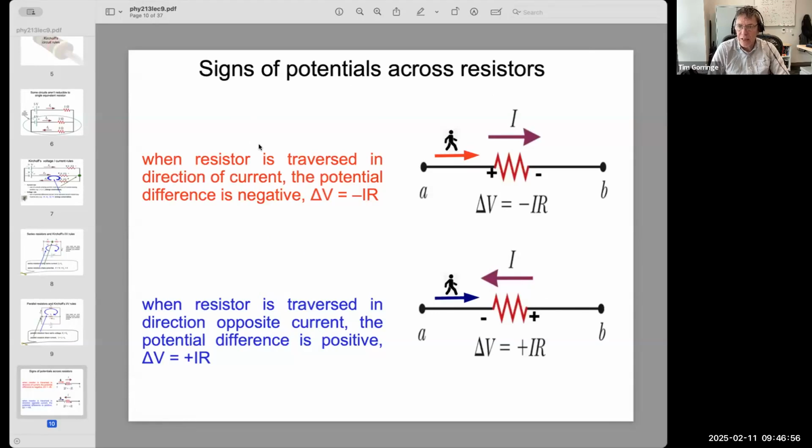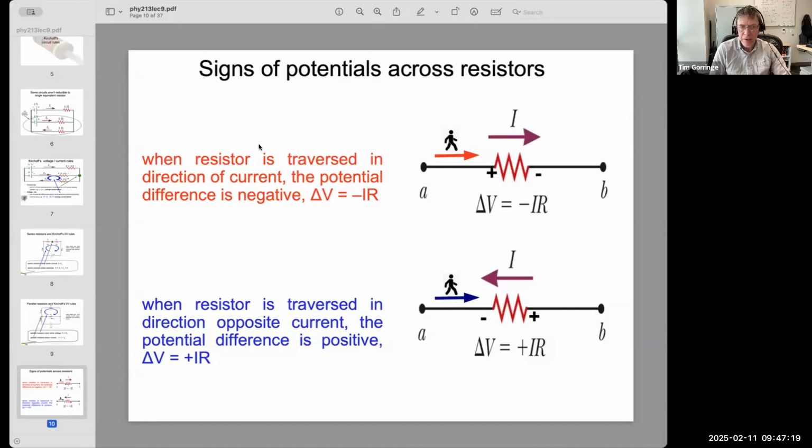There are a couple of things you have to be careful with in applying Kirchhoff's rules, the voltage rule and the current rule, and that's the signs, the directions of current and signs of potentials. So I've got a couple of slides here just to stress the importance of the signs.